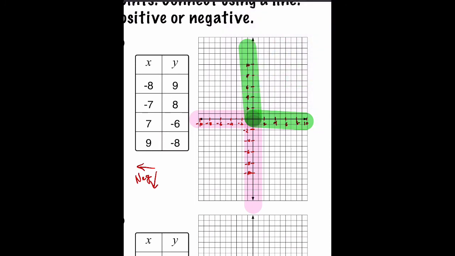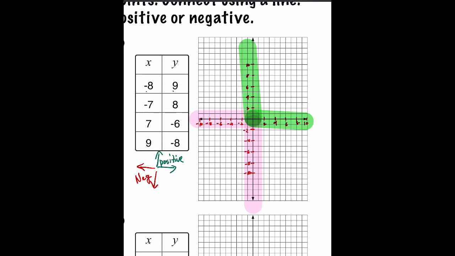So up and right, that's the positive side. As you can see, I labeled it positive, and the lower ones are negative. So remember that. So let's plot the first one.